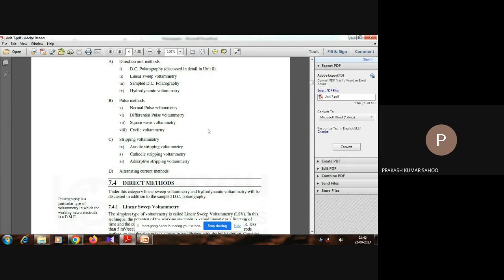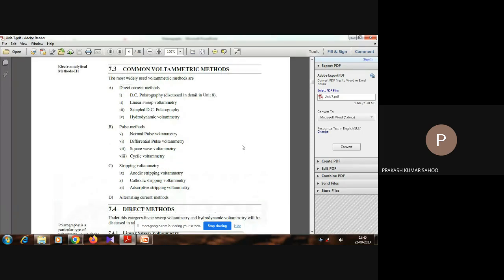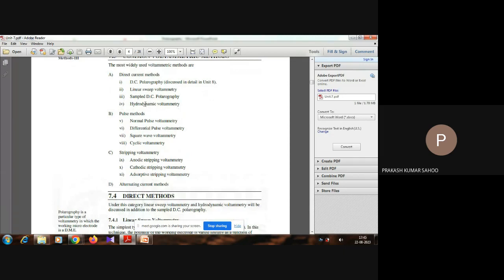Then it is followed by stripping voltammetry: anodic stripping, cathodic stripping, and adsorptive stripping. Then at the end we have alternating current. So these are the basic four types of voltammetry, under which different types of voltammetry as well as polarographic techniques are there. So let's discuss one by one.